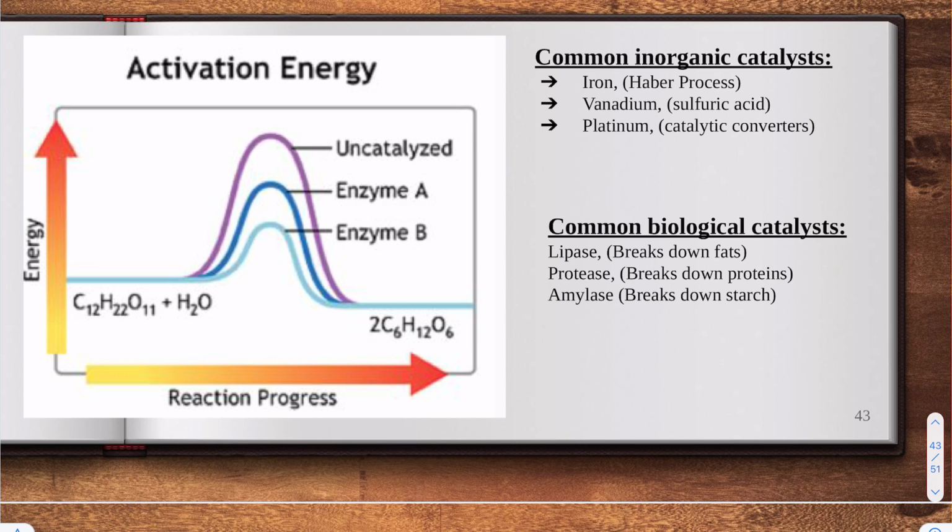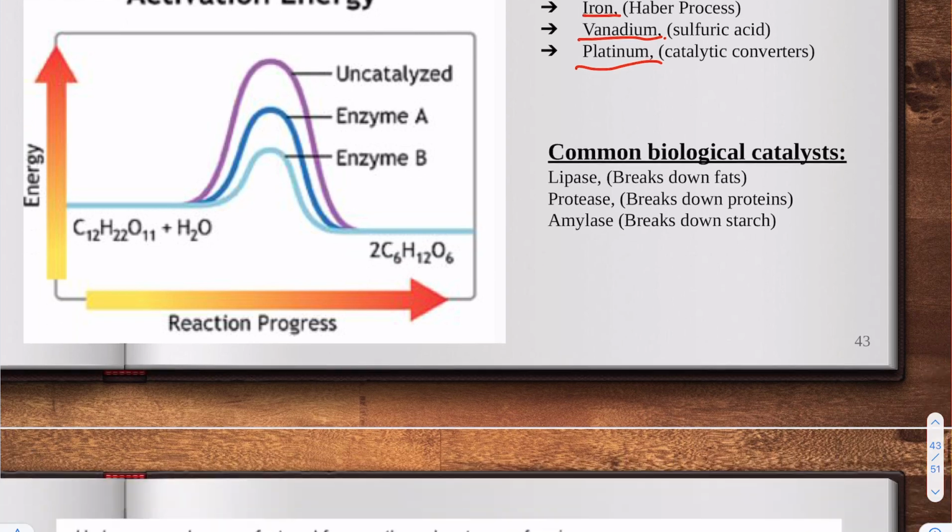So in this case, you've got iron, you've got vanadium(V) oxide, you've got platinum. So it's a nice common exam question that's really easy because it's recall. It asks what a transition metal is commonly used for. Well, they're commonly used for catalysts.